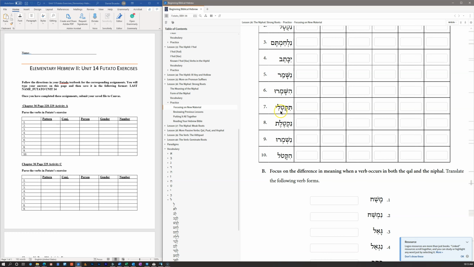The tav prefix with the hirik yod suffix indicates second feminine singular, and so we've got a Niphal imperfect 2FS from Katal. Number 8, immediately when I see the noon hirik prefix and the segol tav ending, I'm thinking Niphal participle. All right, this is the feminine singular ending for a participle. So Niphal participle, feminine singular.